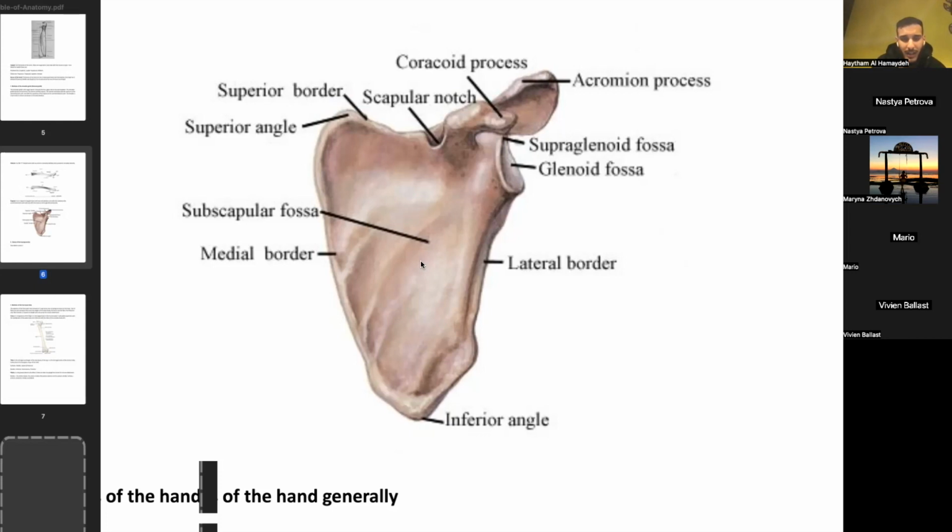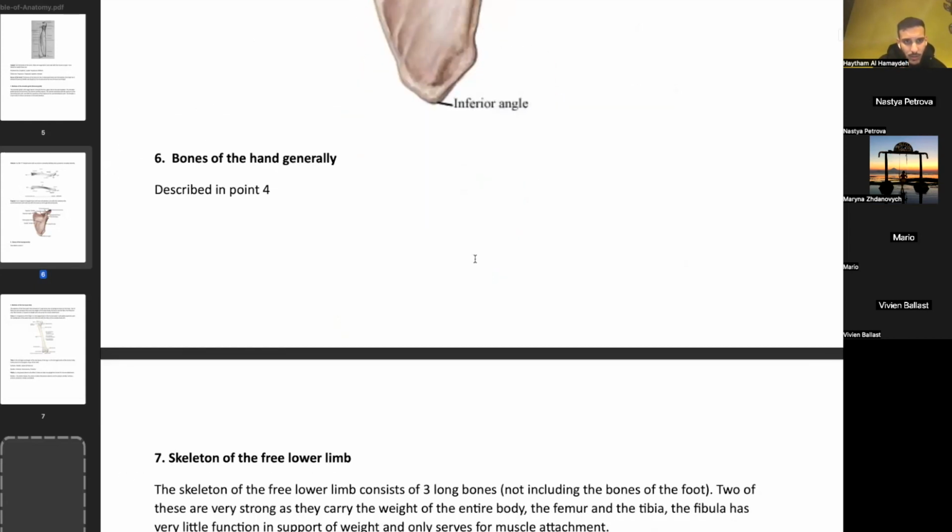Then supraspinatus and infraspinatus fossas, superior and posterior, below the spine and above the spine. And then we have superior angle, inferior angle, medial border, lateral border, superior border, and this notch, subscapular notch. And that's it. That's all we have to see. You're done.